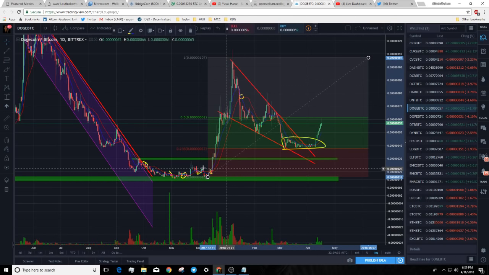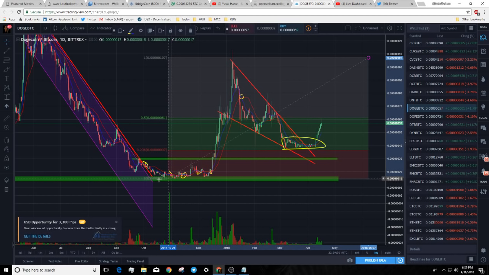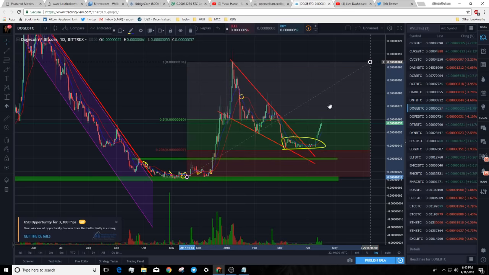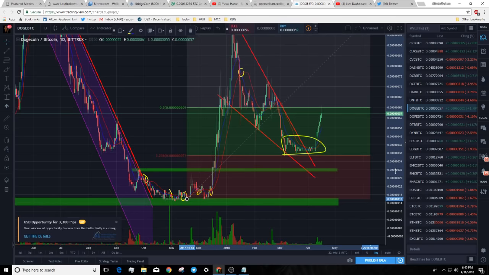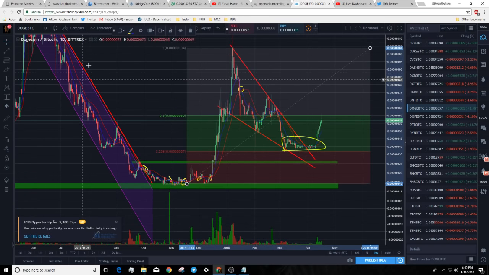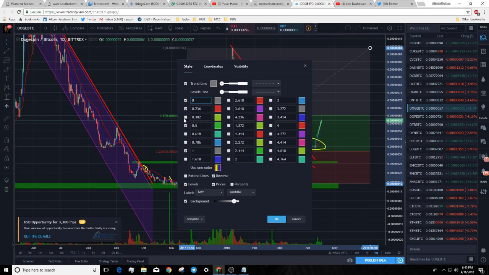So you find the bottom of the move, in this case the bottom of that range at 15 satoshis, and you find the top, and you ask yourself, well, if I was a random person trading crypto and I didn't know what I was doing, where would I set my exits?